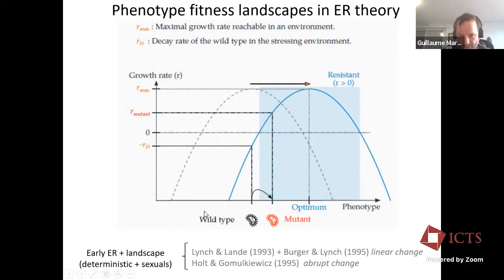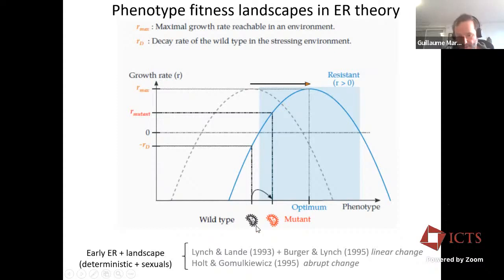There are models that consider a single abrupt change. So you shift in one infinitesimal time to this new environment, and your distribution of phenotypes has to move for adaptation to proceed. Initially you have decay because your distribution is there, and as you adapt, you go down and back up in population size.